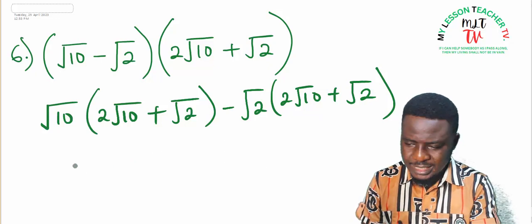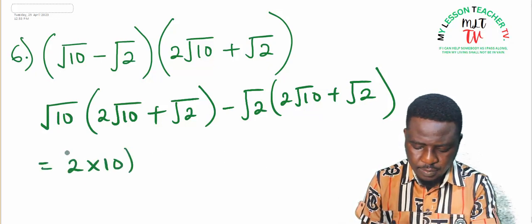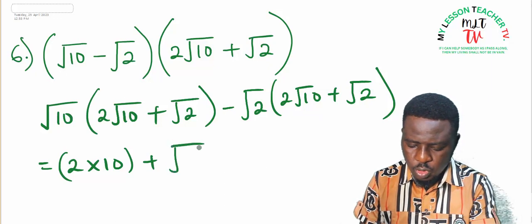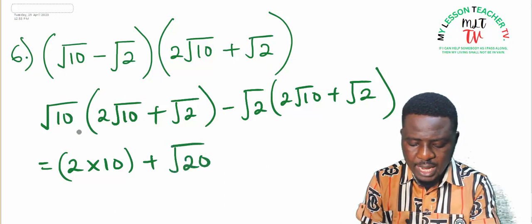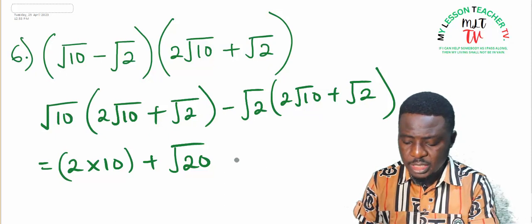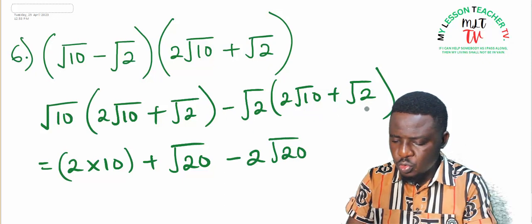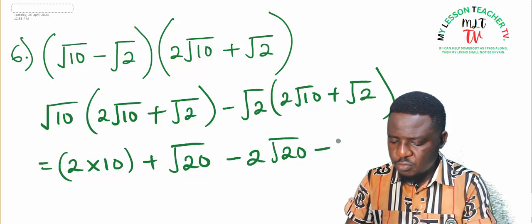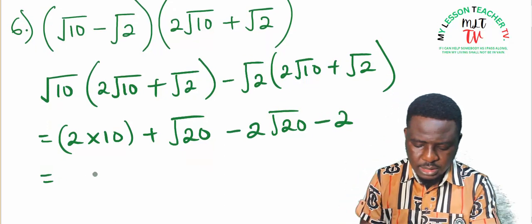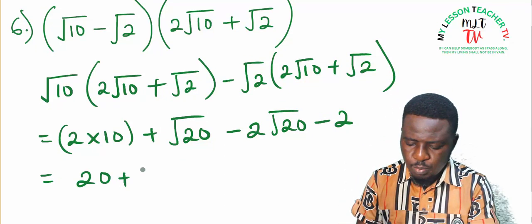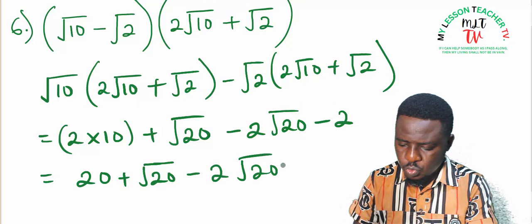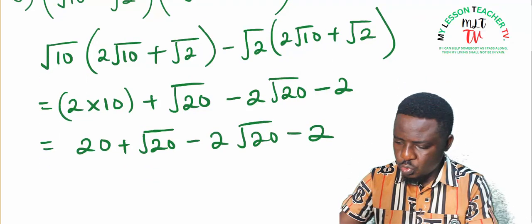When you expand this bracket, it gives you 2 times 10 plus root 20. When you multiply root 10 times root 2, it gives you root 20. Minus root 2 times 2 root 10 is 2 root 20. And when you multiply minus root 2 by plus 2, it gives you minus 2. This is said to be equal to 20 plus root 20 minus 2 root 20 minus 2.